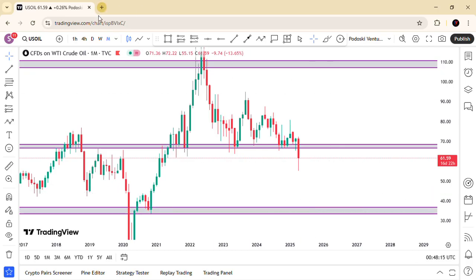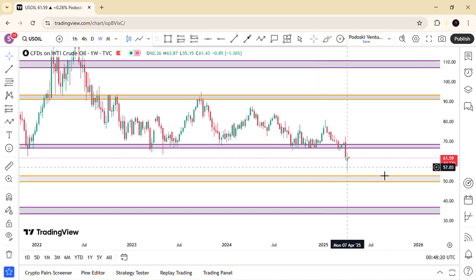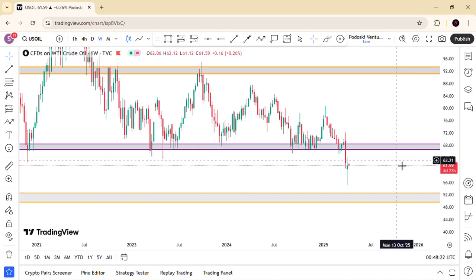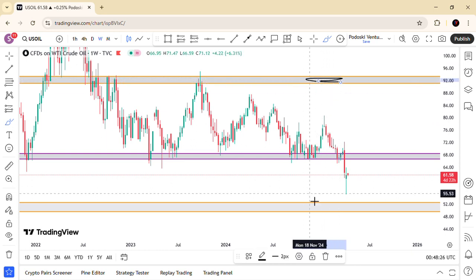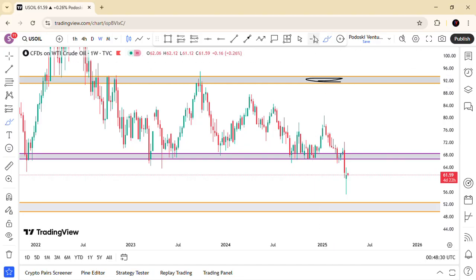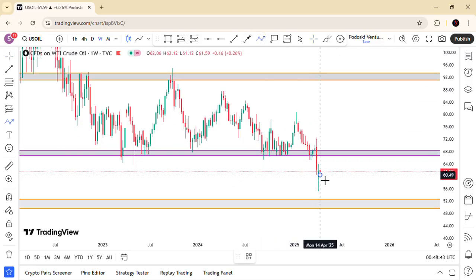So let's go to the weekly time frame and see how it is. Here on the weekly time frame on US oil, I have my weekly upper zone and my weekly lower zone. Like I said on the monthly, we are waiting for a lower high before we take the sell all the way down. We are expecting a lower high at this zone where the breakout was.